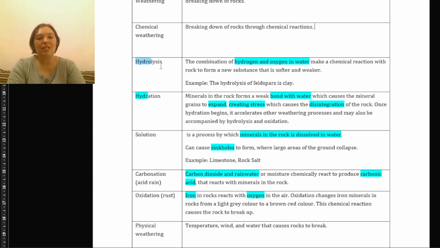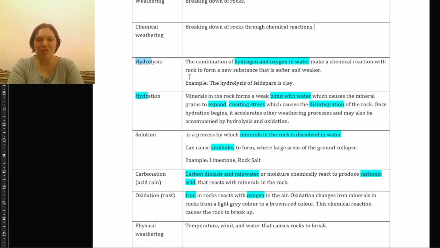But in this instance specifically, hydrolysis is the hydrogen and the oxygen in the water that makes a chemical reaction with the minerals in the rock. And that causes the rock to get softer and weak, and therefore it breaks, which is chemical weathering.